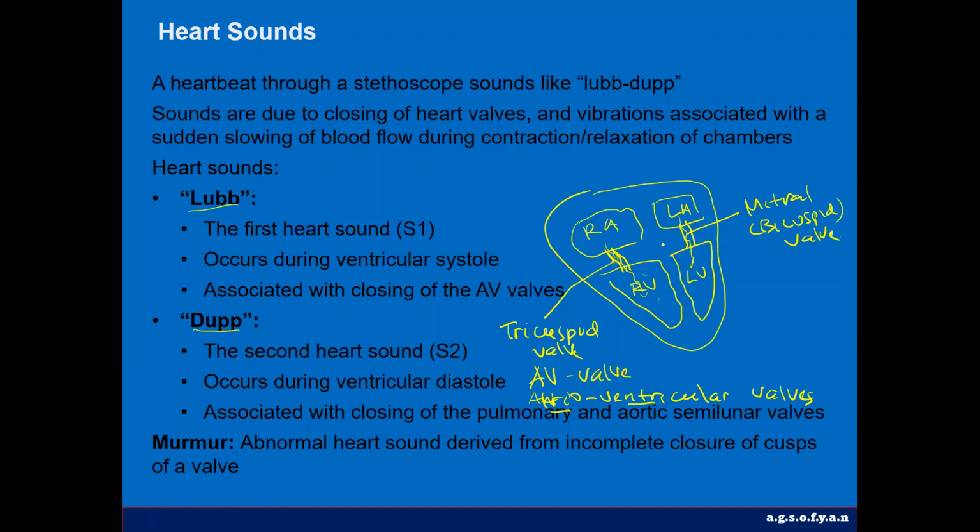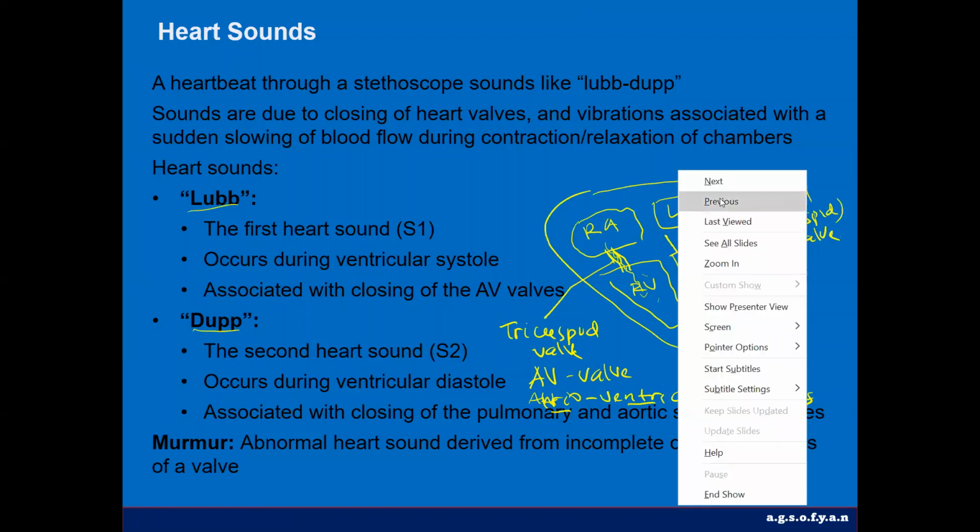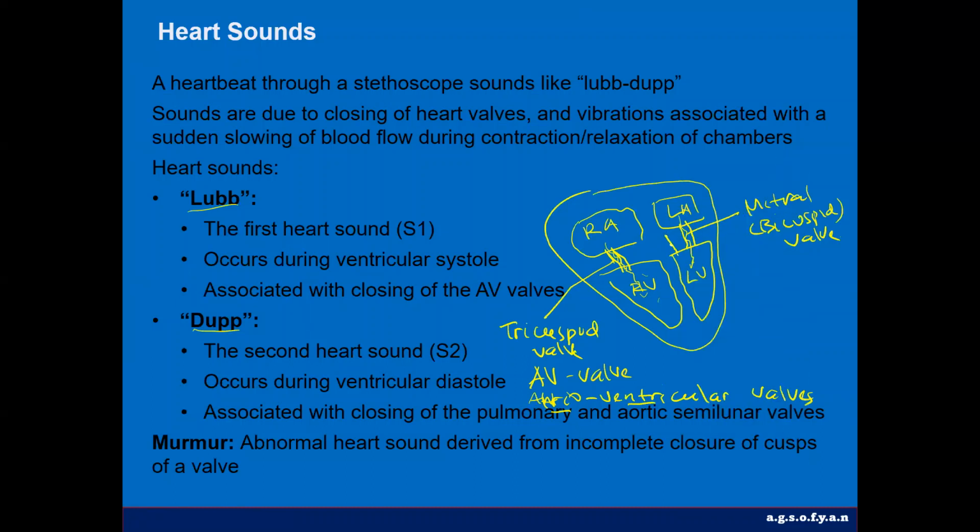And when it is filled, the ventricle starts to contract to pump the blood out. From the left ventricle, it will send the blood through the aorta. On the right side, the right ventricle will send the blood to the pulmonary trunk.